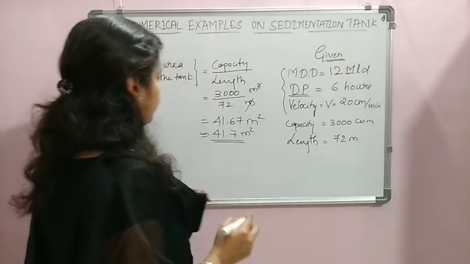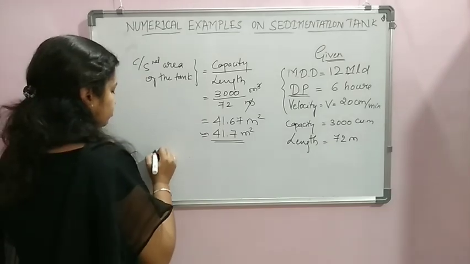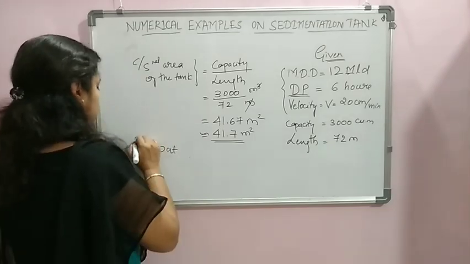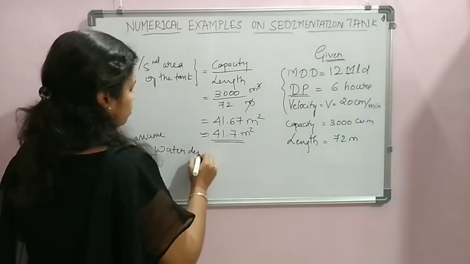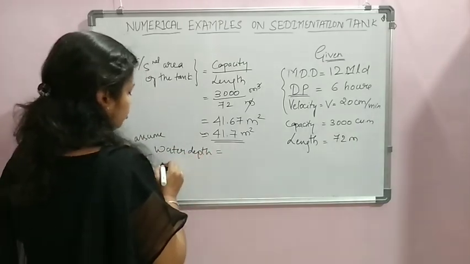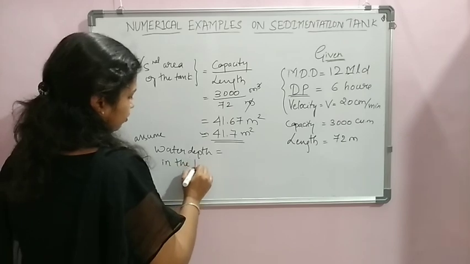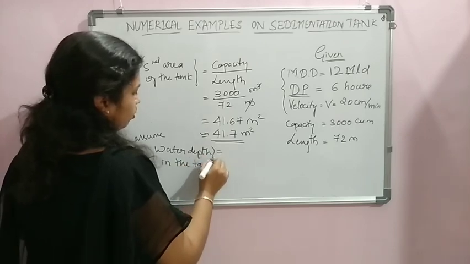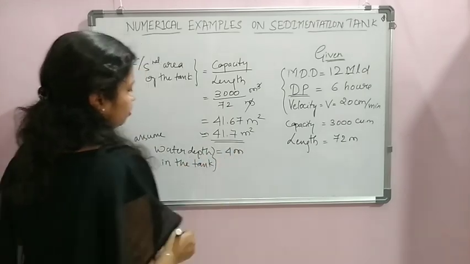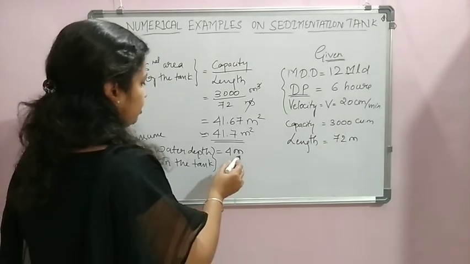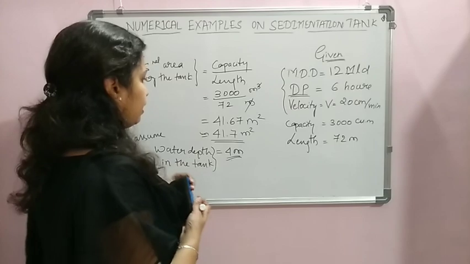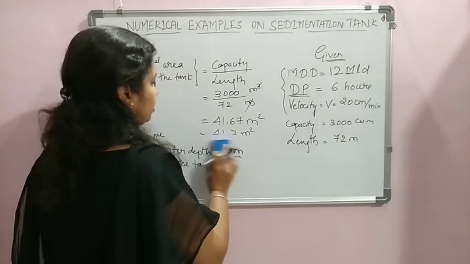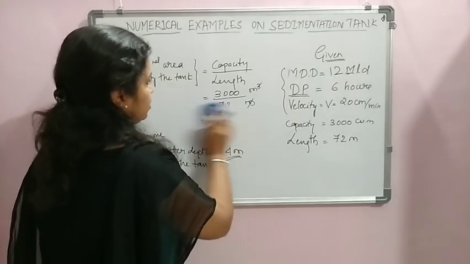So now let us assume the water depth in the tank. Let us assume the water depth in the tank as 4 meter. Since we have the depth here, we can find out the width by making use of the cross-sectional area, which we have got as 41.7.